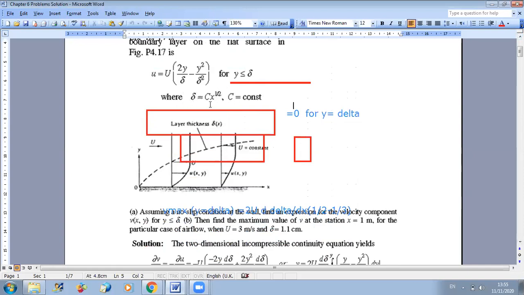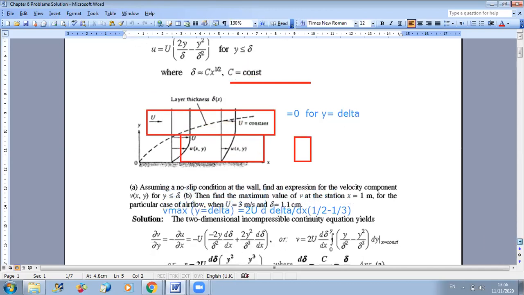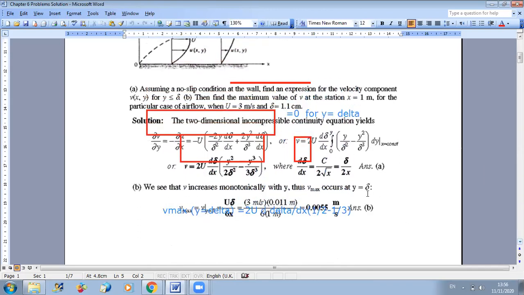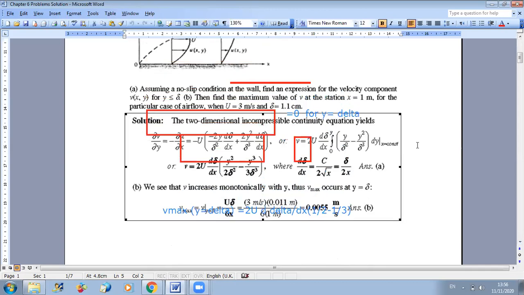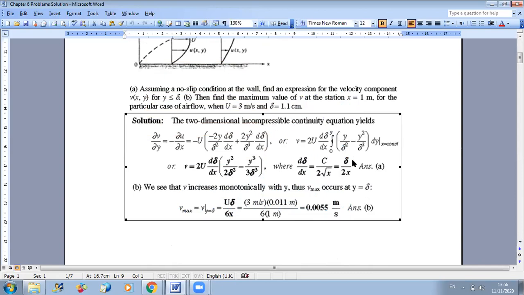So d delta by dx, if I derive this relation with respect to x, equals 1 over 2 times c times radical of x over radical of x. Okay, so by just deriving delta with respect to x, you get c over 2 radical x. And you can also replace it by delta over 2x.